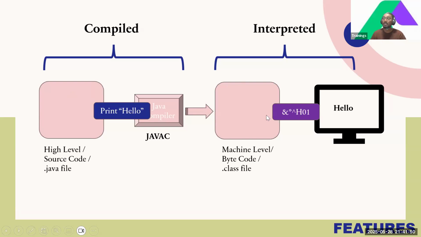The interpreter works like an executor, executing the low level. They are differentiated based on their functionality. So compiler means translation, interpreter means execution.